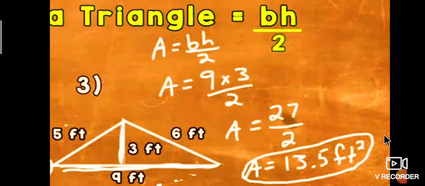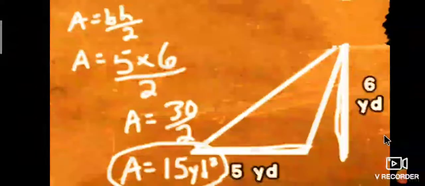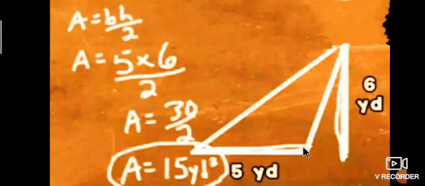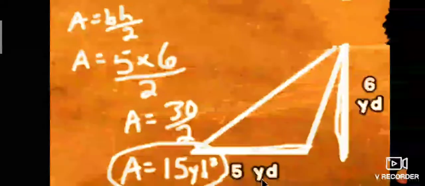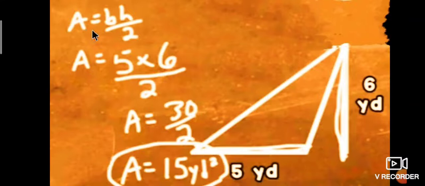Next one, fourth one, students. Fourth one, we extend this one. Therefore, the base is 5 yard, height is 6 yard. Area of a triangle is equal to base into height divided by 2.